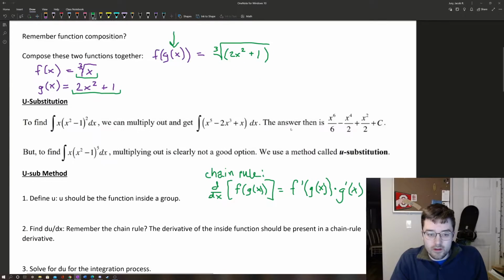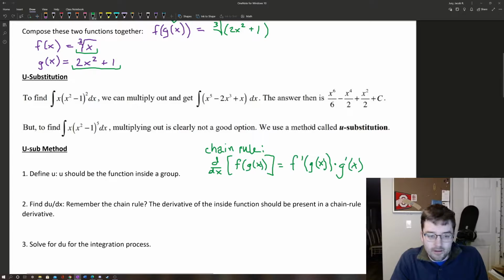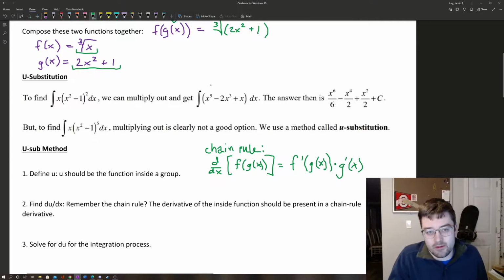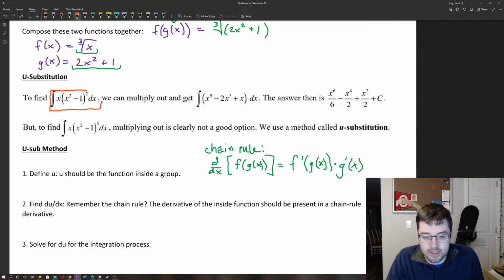Now, the idea with U-substitution, like why we even use it for integration, is we can deal with something like what's given here that I'm boxing in orange. We can deal with a binomial squared times another variable.